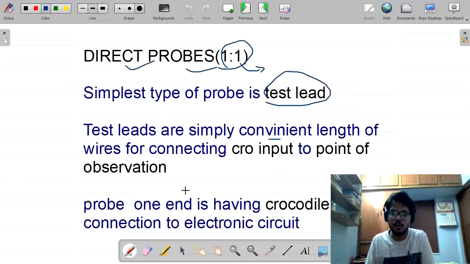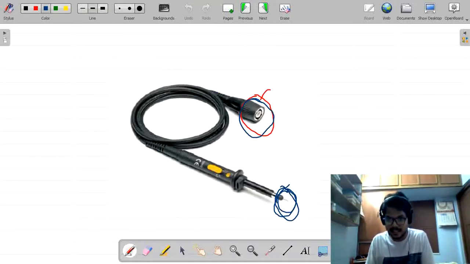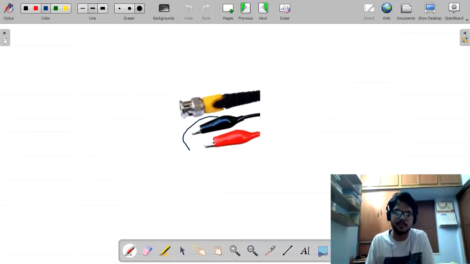Now the probe's one end has a crocodile clip for connection to an electronic circuit. In general, this crocodile clip is not mandatory, but in most laboratory equipment we use the crocodile clip.